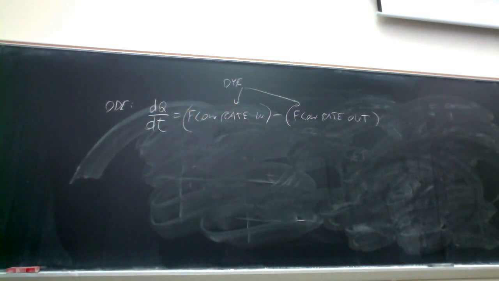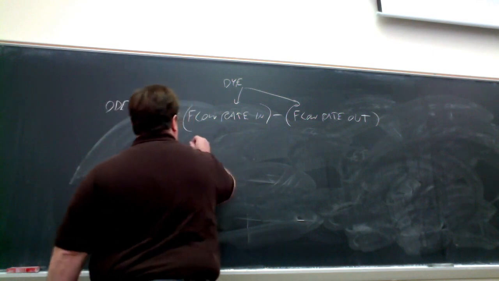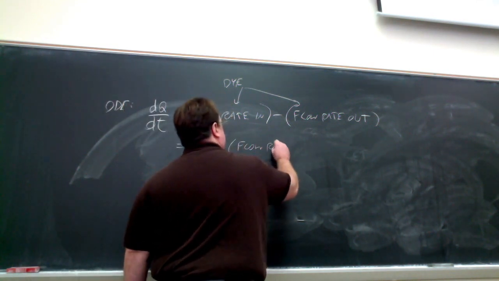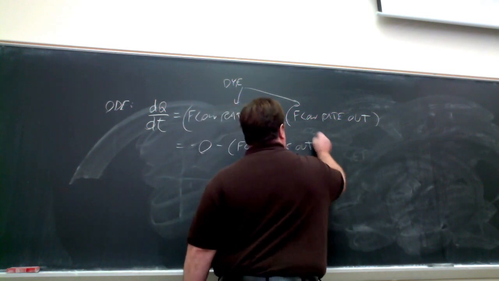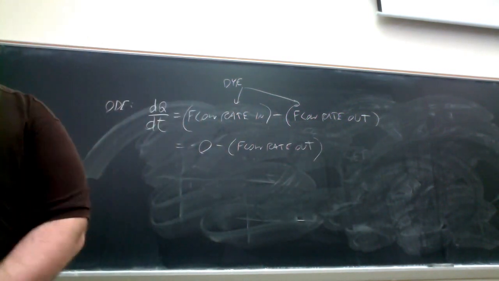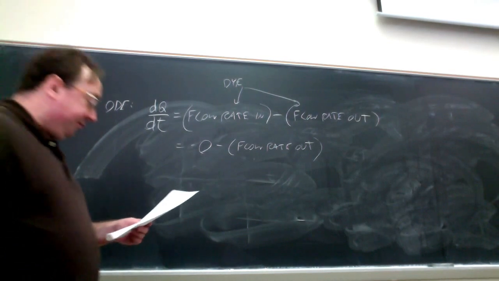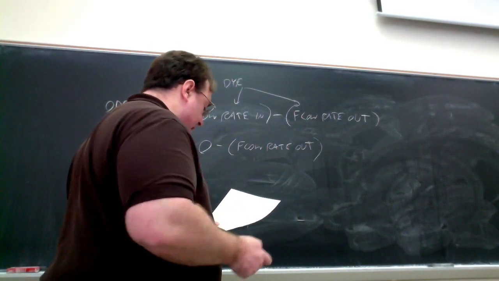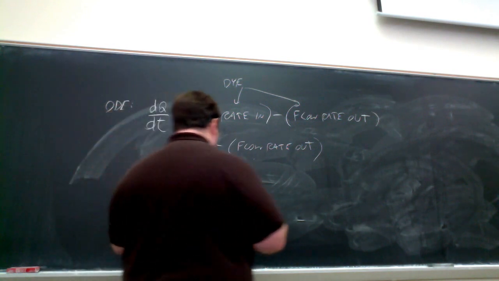So what's the flow rate in? Yeah, it's going to be 0. There is no dye coming in. So it's flow rate out that'll be the interesting part of this equation.